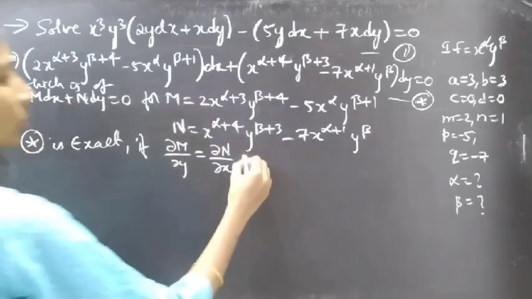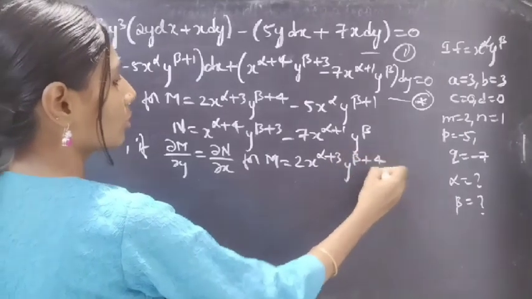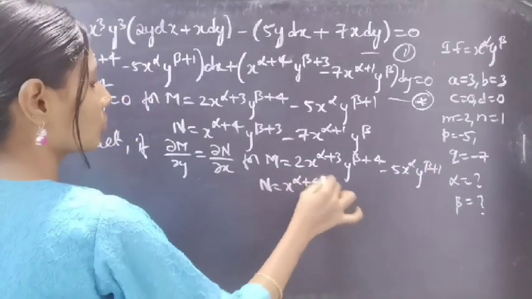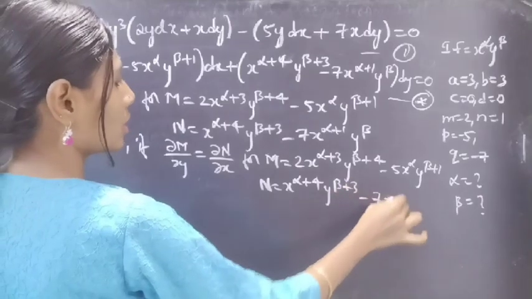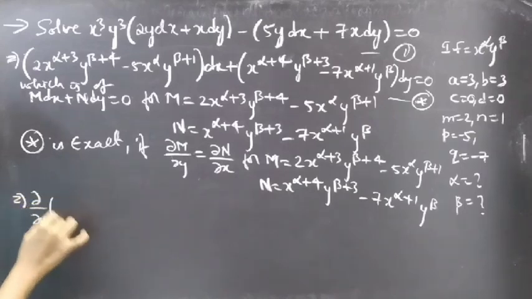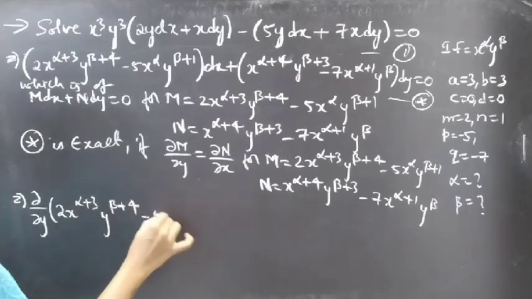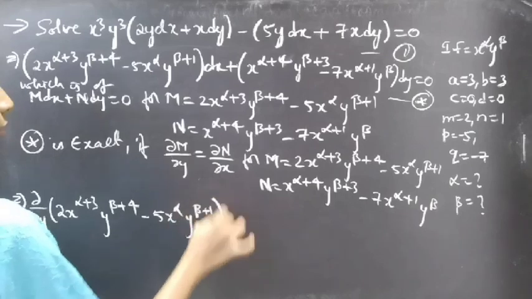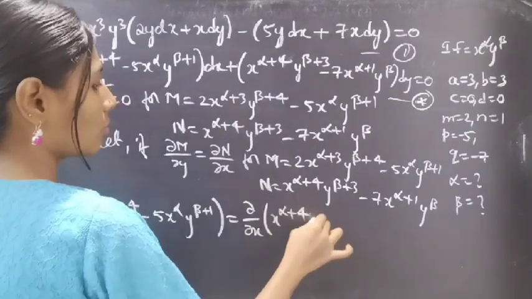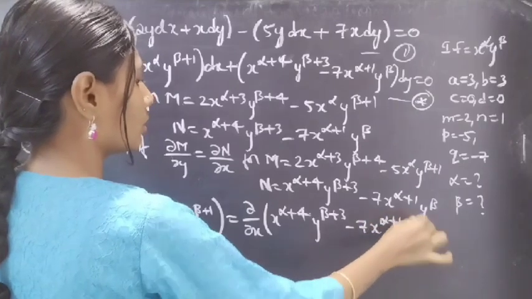For M equal to 2x^(α+3) y^(β+4) − 5x^α y^(β+1), and for N equal to x^(α+4) y^(β+3) − 7x^(α+1) y^β.